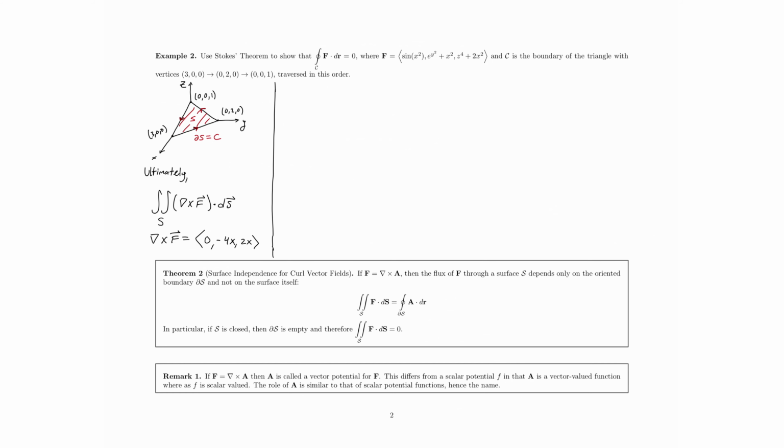Okay. So whenever we're doing a surface integral, we're going to need to parameterize the surface itself. The easiest way to parameterize this surface, I imagine, would be to get the equation of this region here.